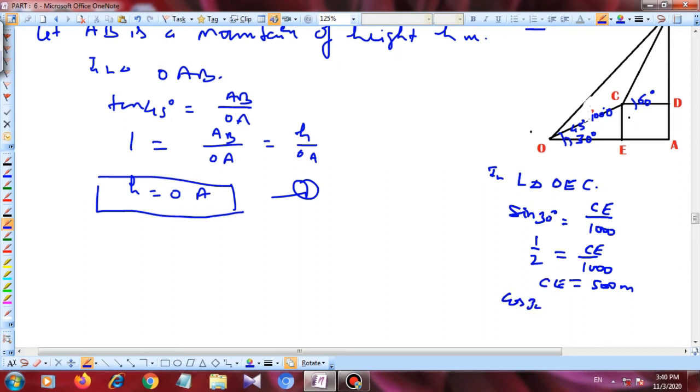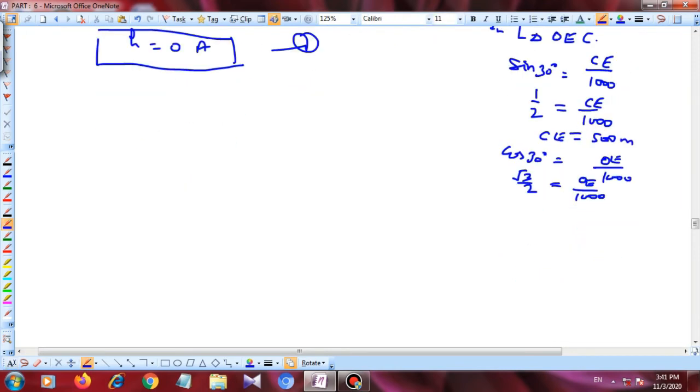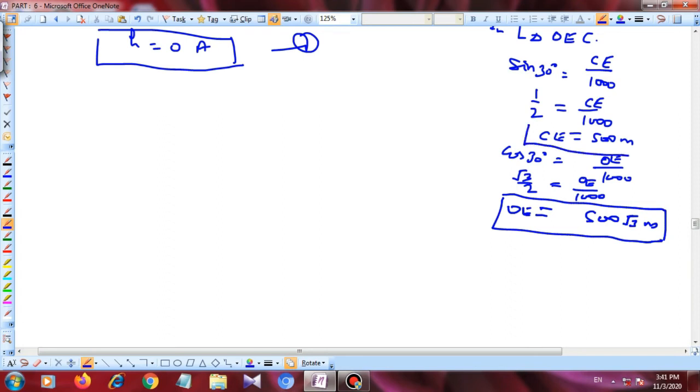And cos 30 equal to OE upon 1000. The value of cos 30 is root 3 by 2, so OE will be 500 root 3 meter. And the value of CE is 500, right?